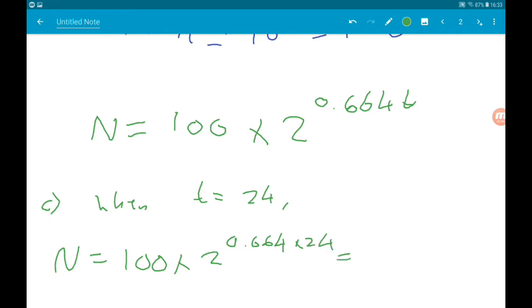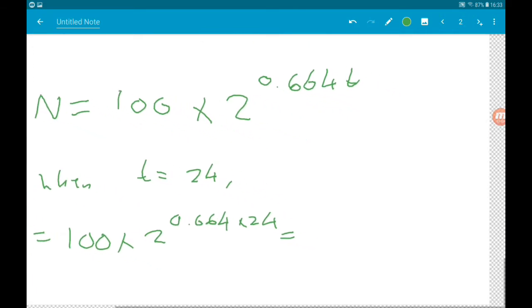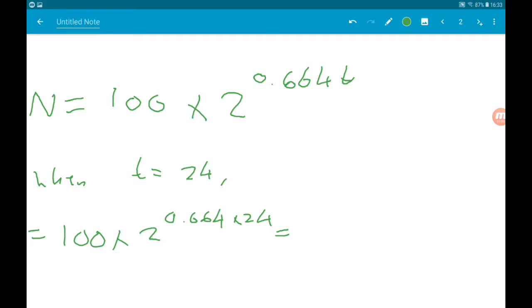Now, you should get 6 million, so things have certainly escalated. 6,269,227. So, in the mark scheme, they've rounded up to 6,300,000, but that would be the exact answer that we would predict.